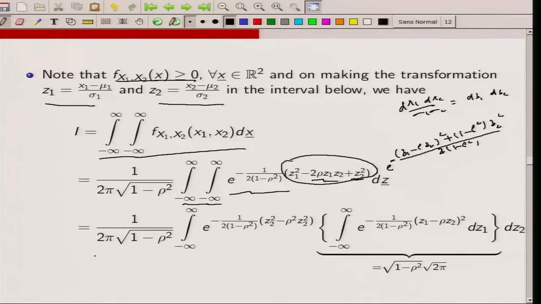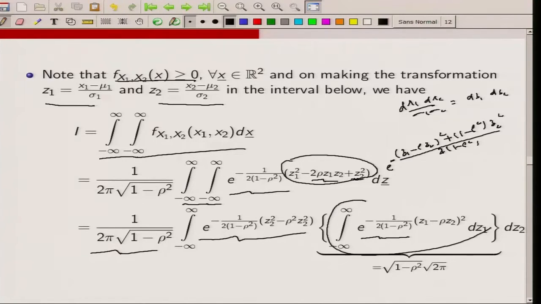Let us try to do this. This becomes 1 by 2 pi square root of 1 minus rho square, then e to the power minus 1 by 2(1 minus rho square) times z2 square into (1 minus rho square), which is this quantity, and then this perfect square: integral from minus infinity to infinity of e to the power minus 1 by 2(1 minus rho square) (z1 minus rho z2) whole square dz1.